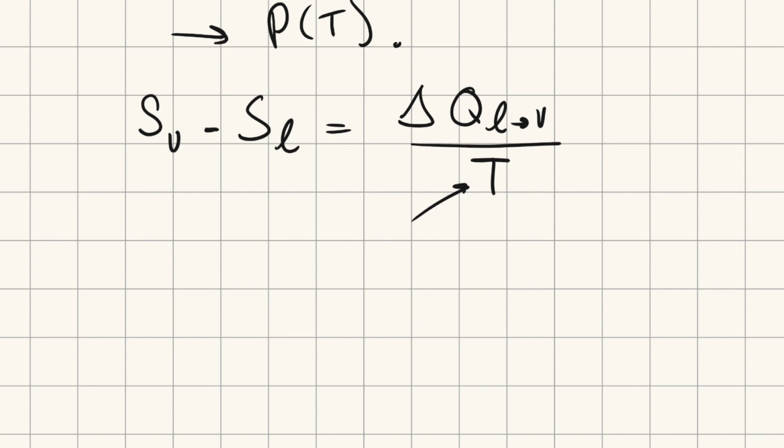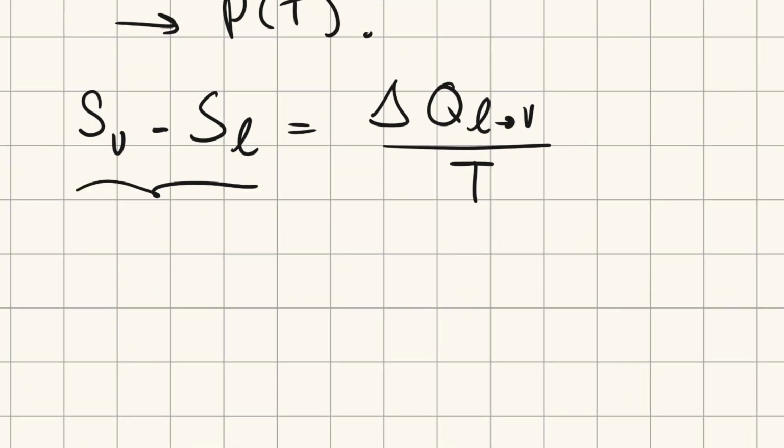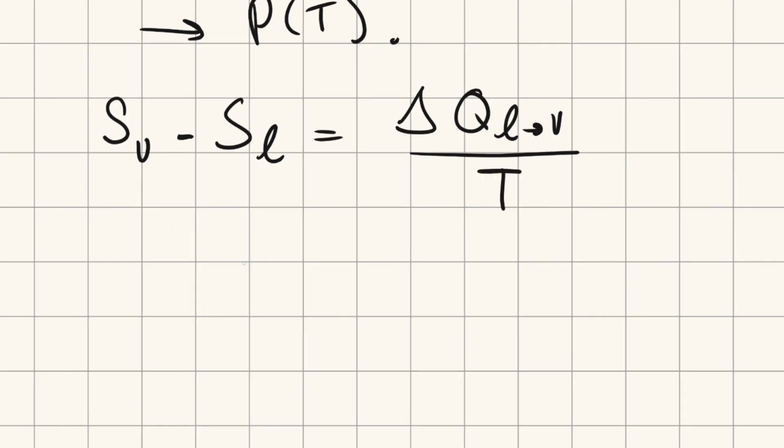Recall that the temperature of both liquid and vapor is the same. So the change in entropy has to do with the exchange of heat from the liquid to the vapor. For example, if we use the evaporation temperature T of the system, then the difference of the entropies is equal to the amount of heat necessary to evaporate the liquid into the vapor.